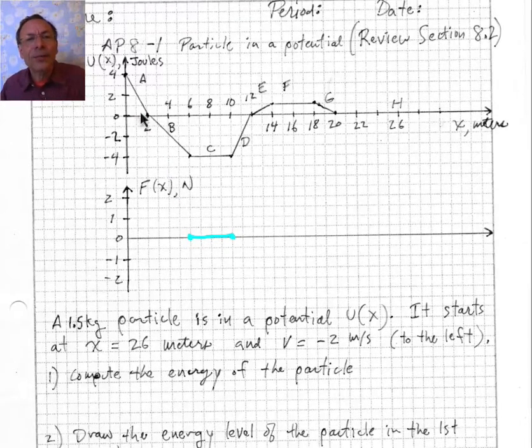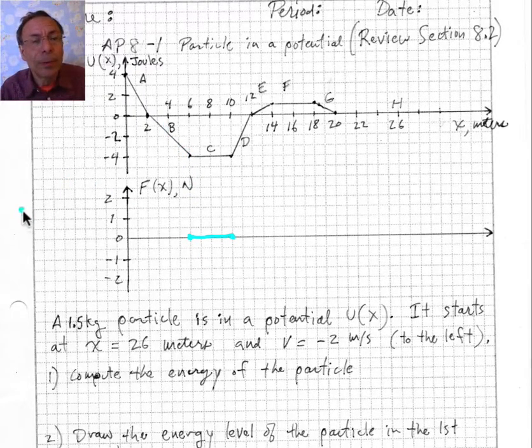Okay, let's do an easy one. I'm not going to do the whole thing. You're going to finish it off. What's the slope here? Well, it goes down 4 joules, and it goes how many meters? Let's see, each one of these is a meter. 1, 2, 3, 4. The slope is -1 joule per meter. All right.